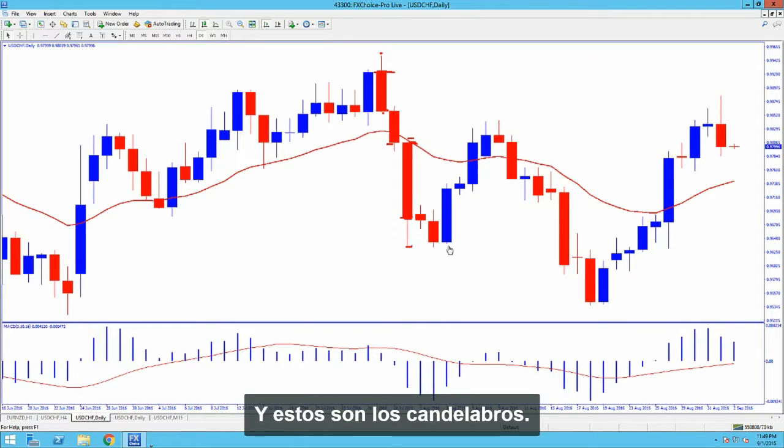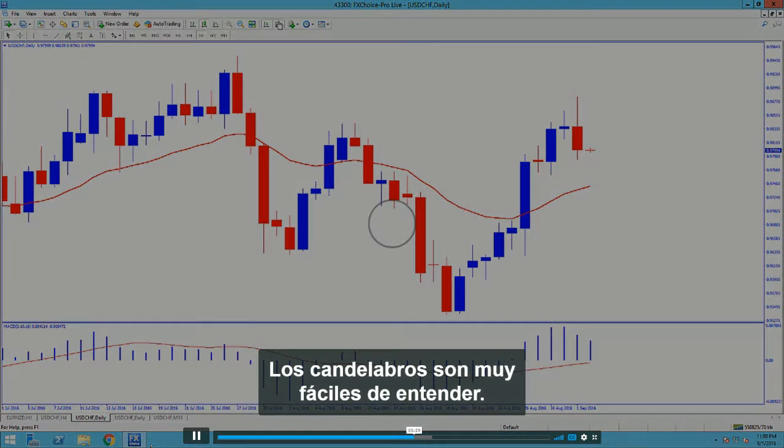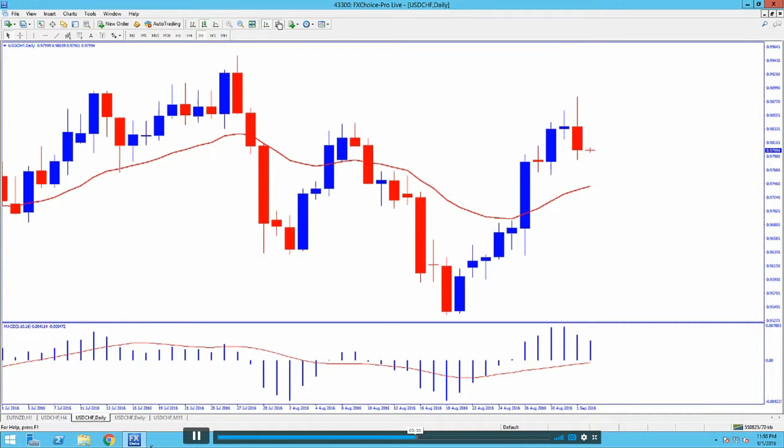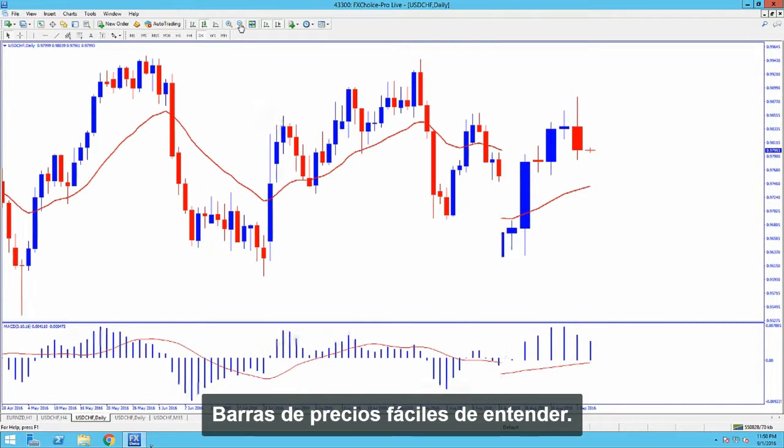And these are candlesticks. Blue is up. Here's your low. Here's your open. Here's your close. Here's your high. So very simple to understand candlesticks. All right. Very easy to understand price bars.